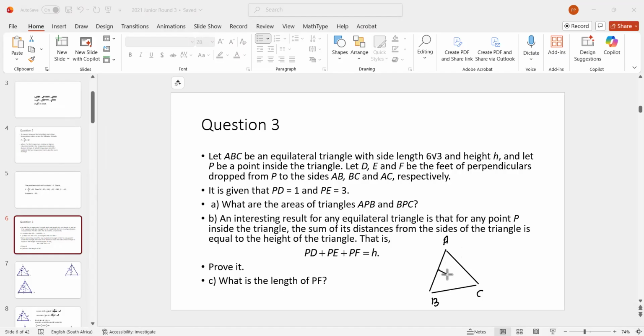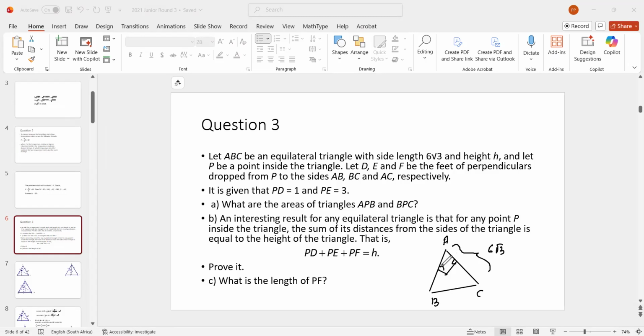You drop a perpendicular here, and another here. These are 90 degrees. The length of the side is 6 root 3. So all the sides are 6 root 3.